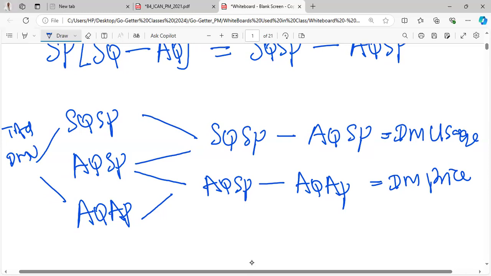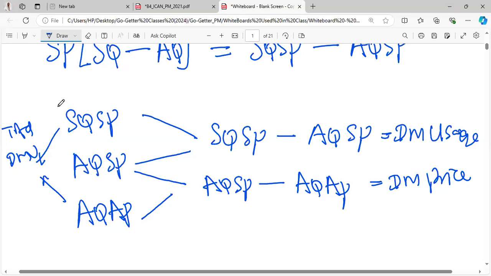When you compare this and this, that is when you are comparing the fixed budget and the actual. But now you want to break them down. You now put the flex budget in the middle.